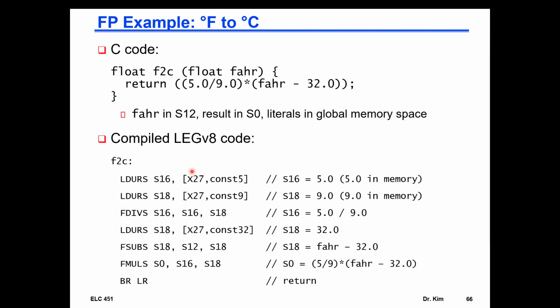And this is the displacement, some label, for what the constant 5 in floating point is. Similarly, we have a displacement for the constant 9 in floating point.